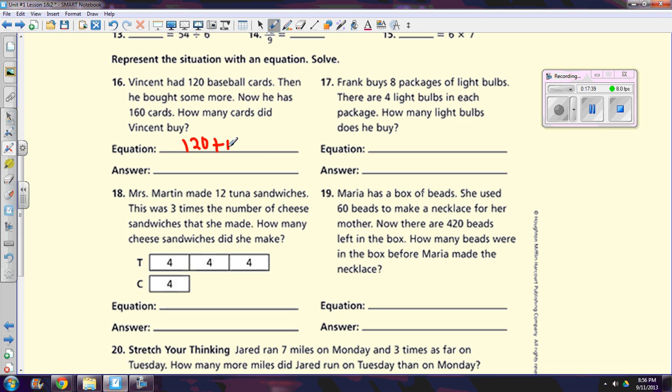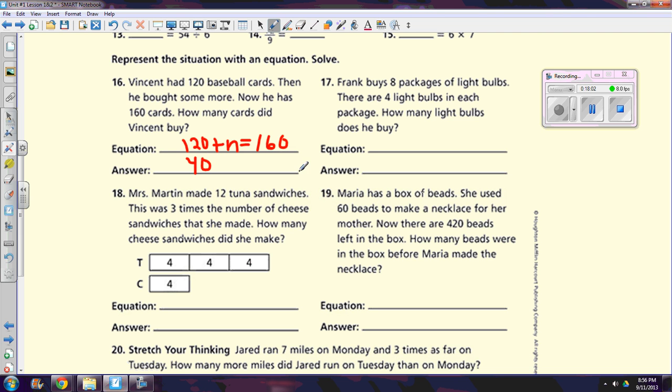It's a variable. He ended up with 160. Now he has 160 cards. How many cards did he buy? It would be one way of representing that equation. 160 minus 120 is 40. So he bought 40 new cards.